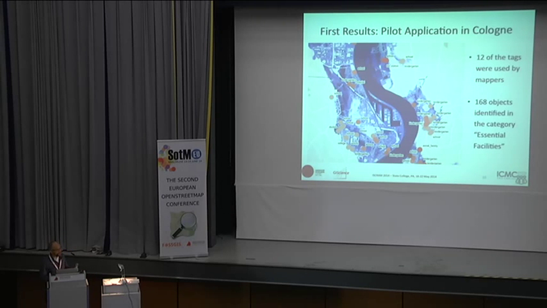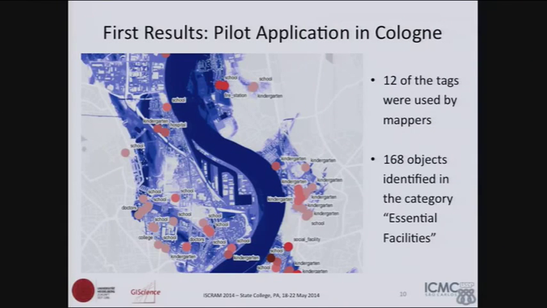And then from the analysis of the case study in this pilot application in Cologne, we identified that 12 of the tags were used by the mappers. Well, of these 25 that we initially chose, in practice 12 of them are currently used in the OSM map of Cologne.